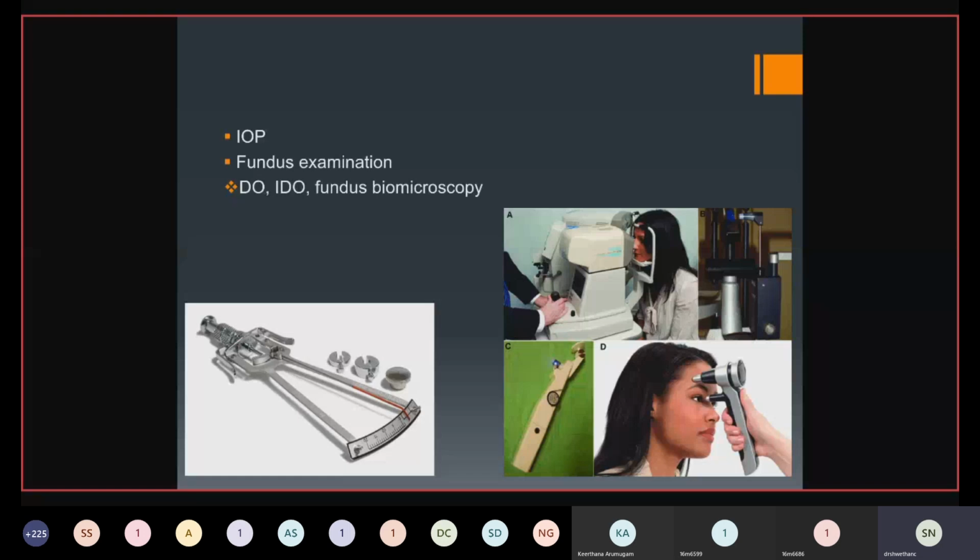Fundus examination is extremely important to know if the posterior segment is normal or not. So the instruments that we use to evaluate fundus are direct ophthalmoscopy, indirect ophthalmoscopy, and something called fundus biomicroscopy, where we use a lens such as 78D or 90D, and we do the fundus examination on slit lamp itself. So that is fundus biomicroscopy.